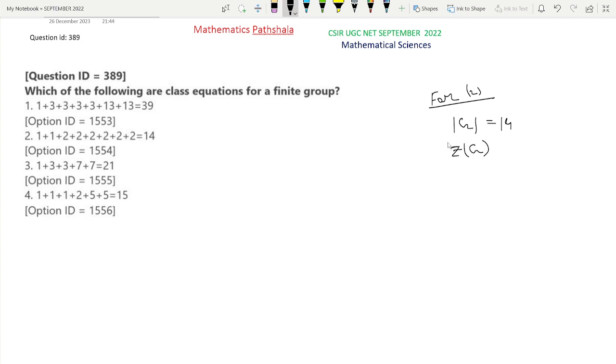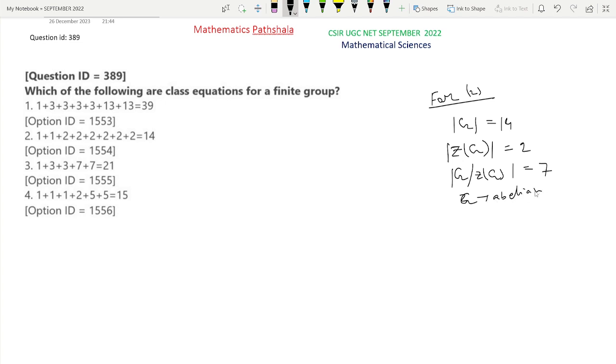what is the order of Z(G)? In option 2, given that the order of Z(G) is 2, because 1 plus 1 is there, so it is 2. So now G by Z(G) is a group of order 14 by 2, that is 7, so prime order, so G by Z(G) is cyclic and hence G is abelian.